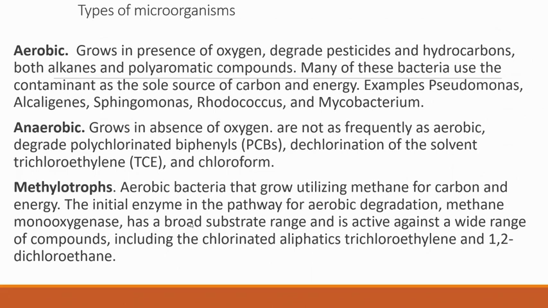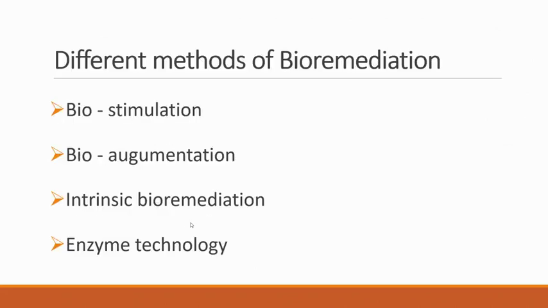Then we have the methylotrophs. These ones utilize methane as a carbon source. Now, they can be used to clear a very wide range of compounds, which include the chlorinated aliphatics, trichloroethane, and 1,2-dichloromethane. So these organisms can take care of such.